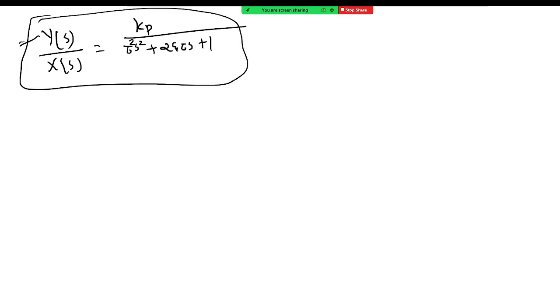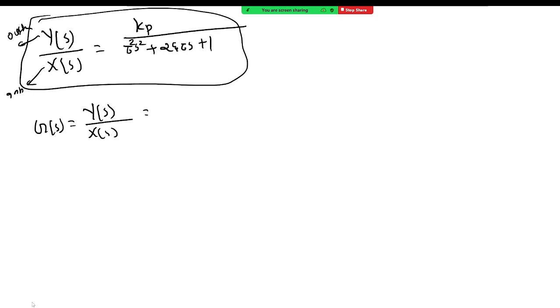Since this one is your output, this one is your input. So I can write output by input as the transfer function G(s), that is Y(s) divided by X(s).